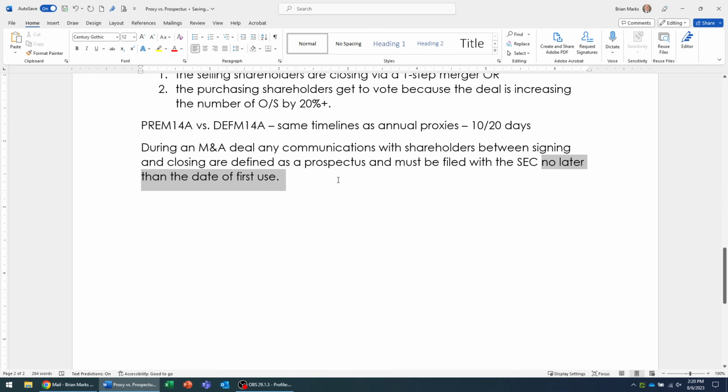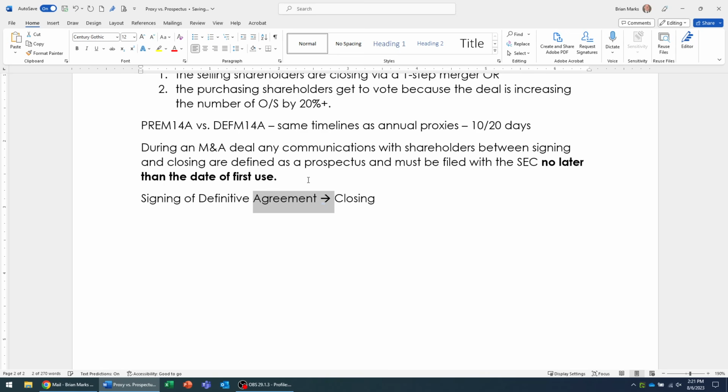It's not 24 hours before first use. It's not 48 hours before first use. It's no later than the date of first use. So you have the signing of the deal, signing of the definitive agreement, until the closing. And anything in that period of time is considered a prospectus and must be filed.